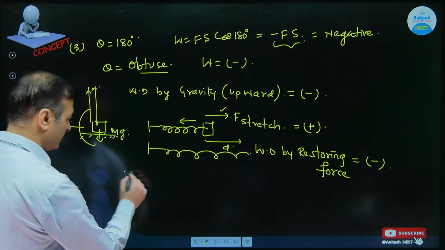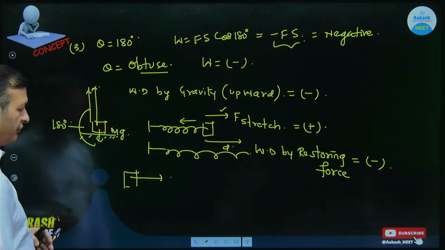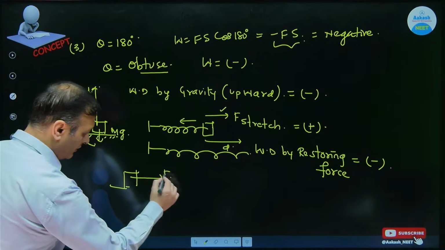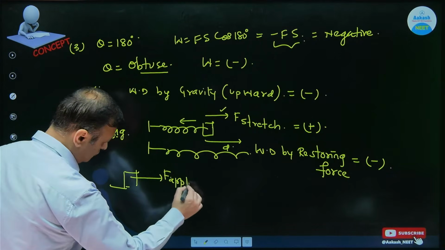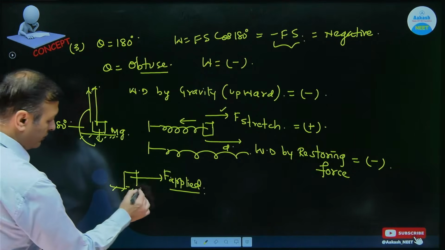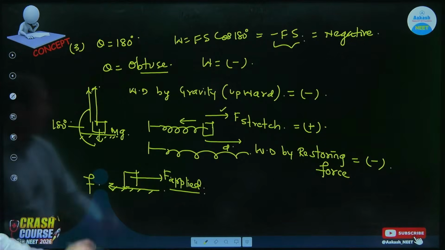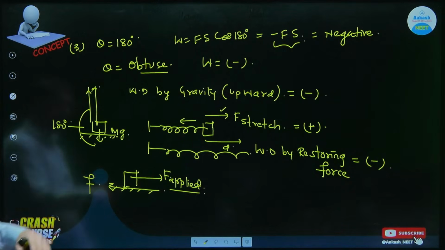Similarly, let's suppose you allow this body to move on this surface and this is the applied force and the body is moving on this frictional surface, whereas force of friction is acting opposite to this motion.